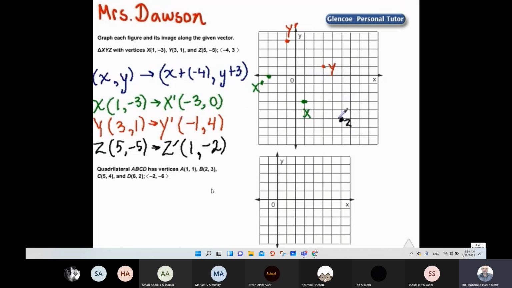And once we've applied the translation for the vector, we have Z prime located at (1, -2). So the original triangle XYZ, the image is X prime, Y prime, Z prime.